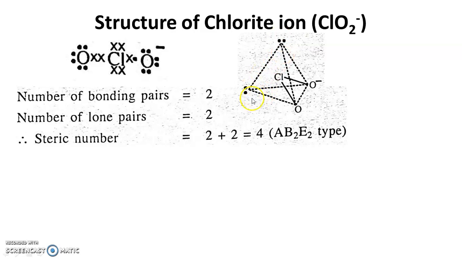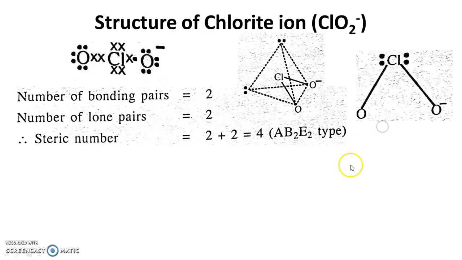And because of greater lone pair repulsion, the chlorite ion is angular, okay, and not linear. The observed geometry is angular, but the expected geometry is tetrahedral because the steric factor is 4.